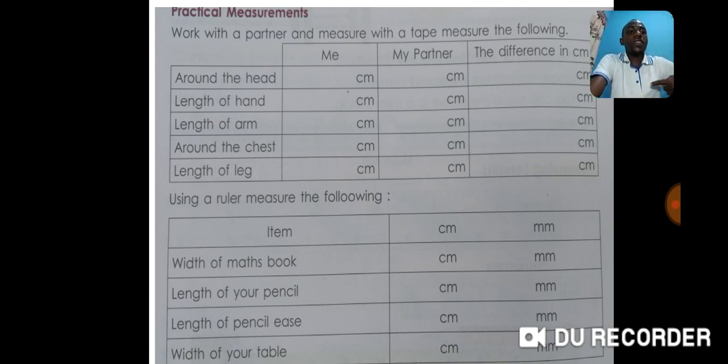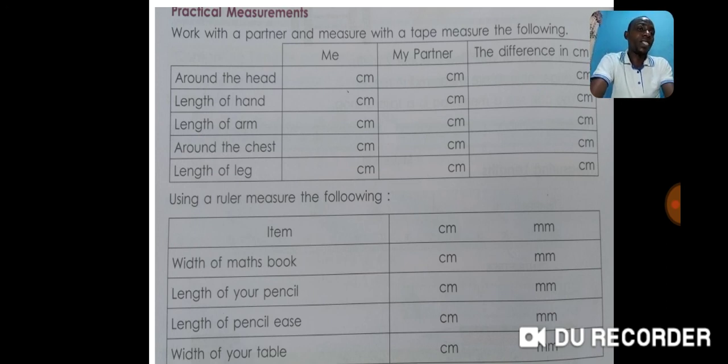Around your chest. Length of your leg. All are to be measured in centimeters, and that of your partner.